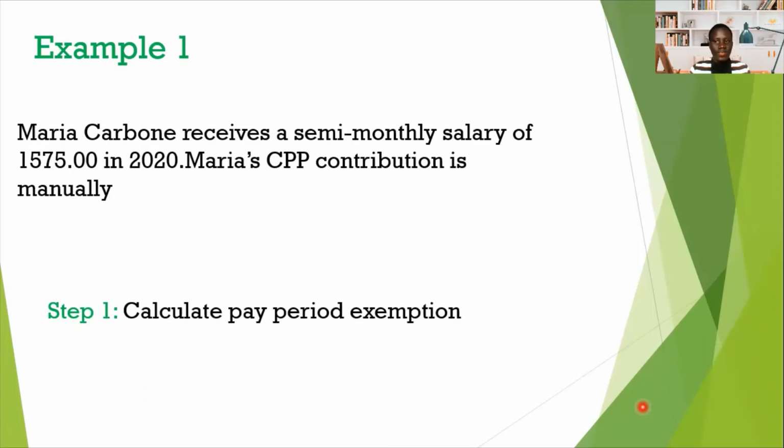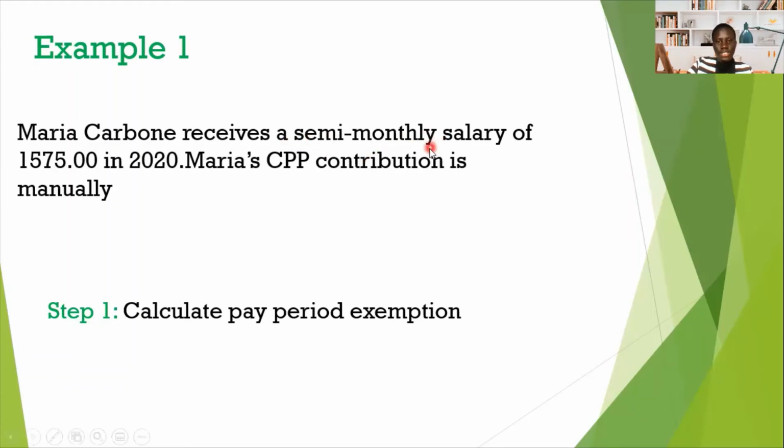So let's say I have an employee and I want to pay them. Instead of hiring someone to come and do it, I can do it myself. How do I determine the amount of CPP that I need to deduct from their paycheck before I give it to them? First of all, you look at the pay period.